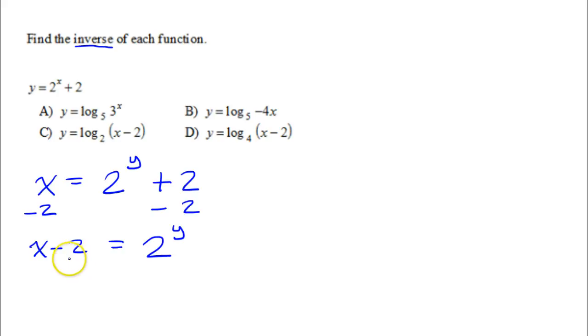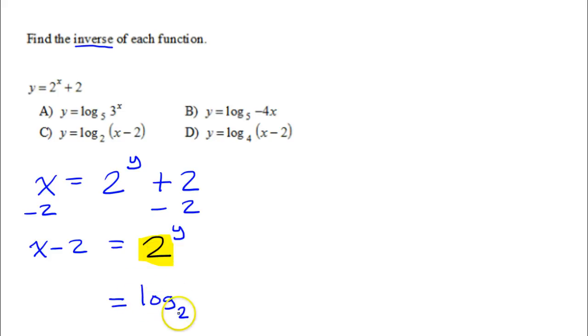That's the end of our Algebra 1 skills. If I want to get y by itself, I'm going to need to rewrite this in logarithm form. So when you switch between exponent and log form, focus your eyes on the base. So in log form, the base goes here.